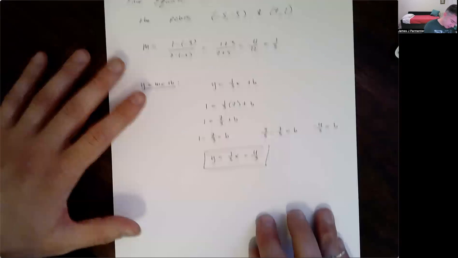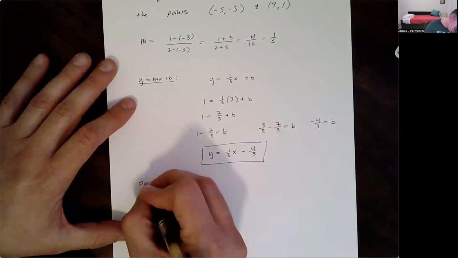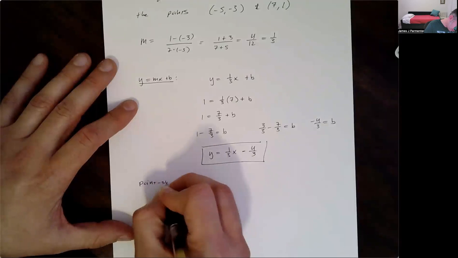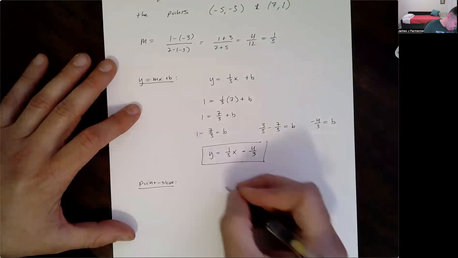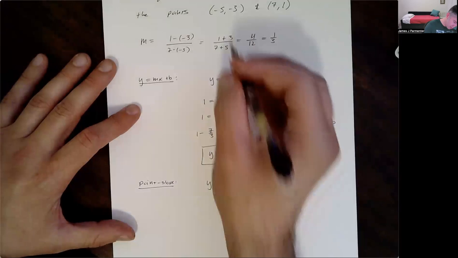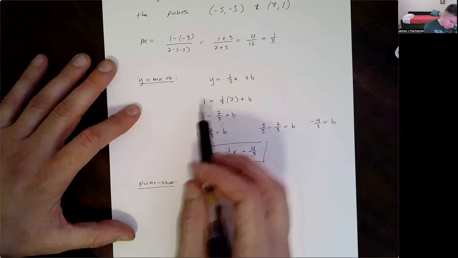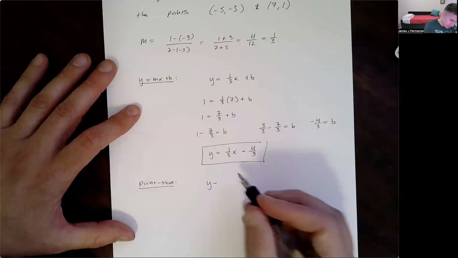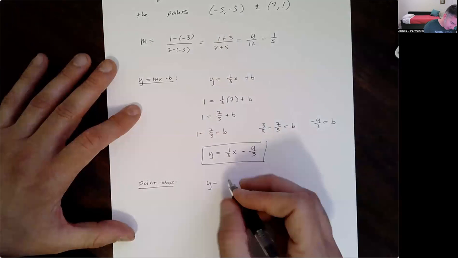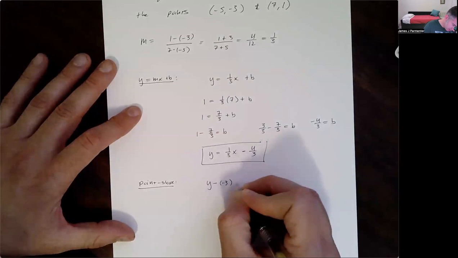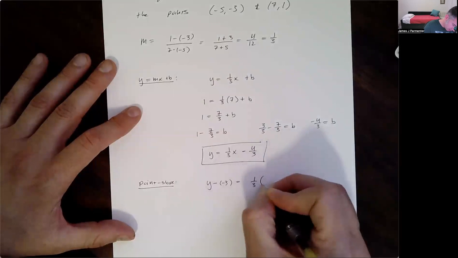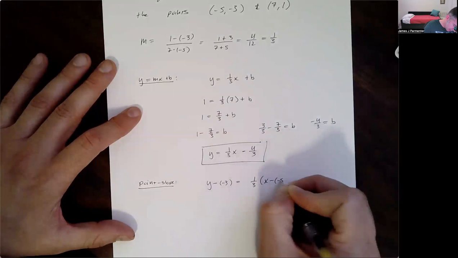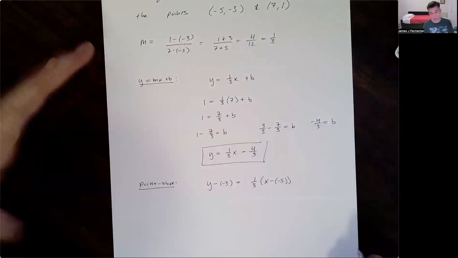Let's do the point slope version of it, but using the other point. So if I was doing point slope, I would say, okay, well, y minus the y coordinate, but instead of using 7, 1, apologies, I'm going to use -5, -3. So y minus -3 equals 1/3 times x minus -5. I know I said let's not do a minus, but here I am.